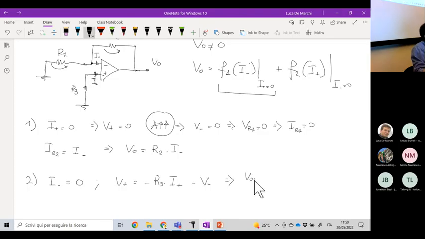By skipping the mathematical passages, we can finally find that V out is minus R3 times I plus times (R1 plus R2) over R1.